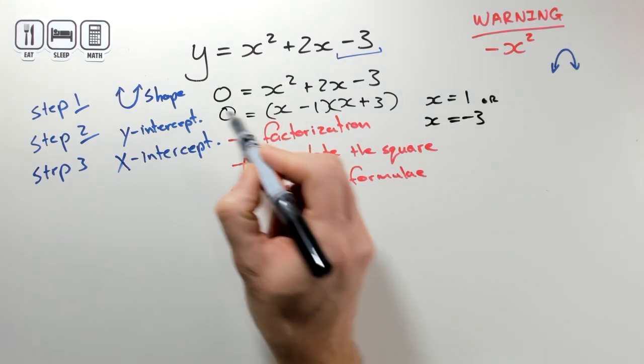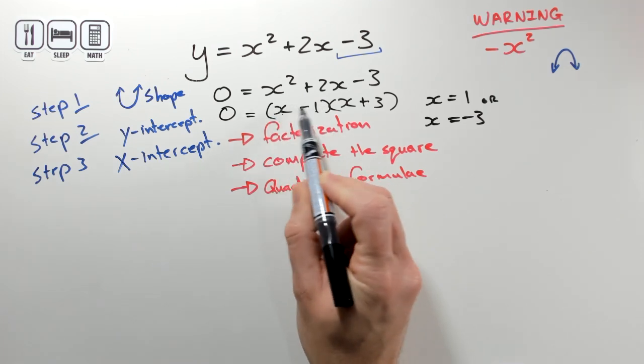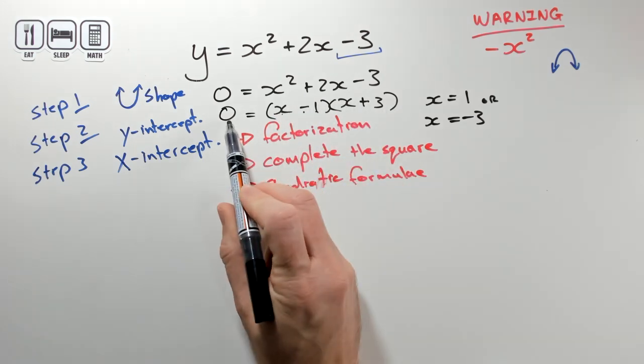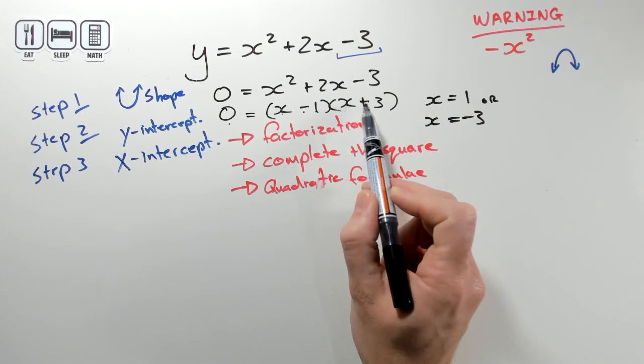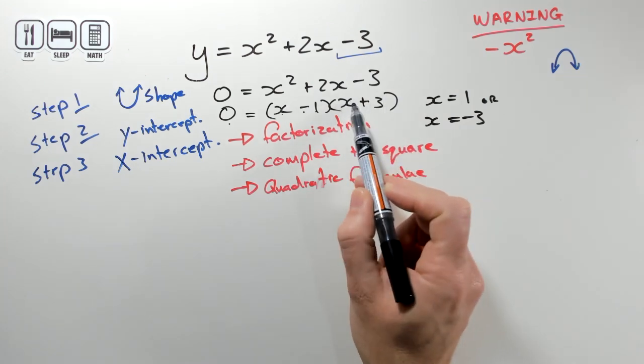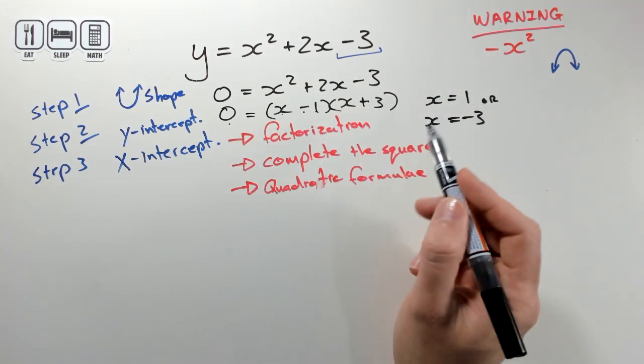Because if I made x 1 here, 1 minus 1 is 0, and then this whole thing turns to 0, and if I multiplied with anything, I get 0, so that works. Or for this bracket, if I have a -3 here, -3 plus 3 would make this bracket 0, and this bracket times anything would be 0. But by now you should know this.